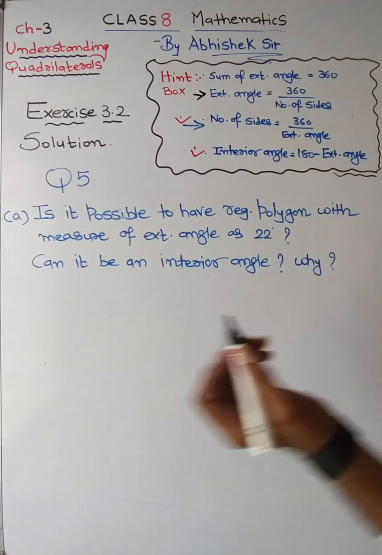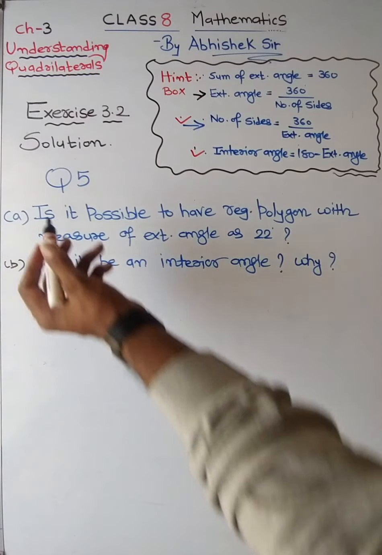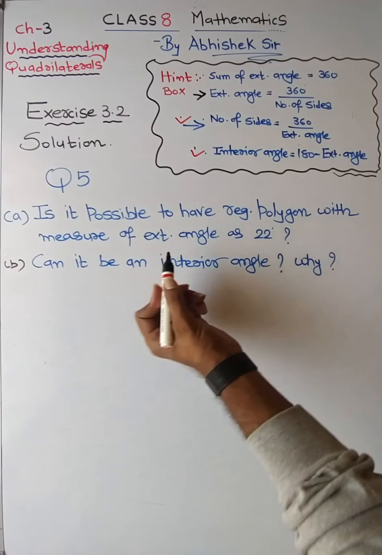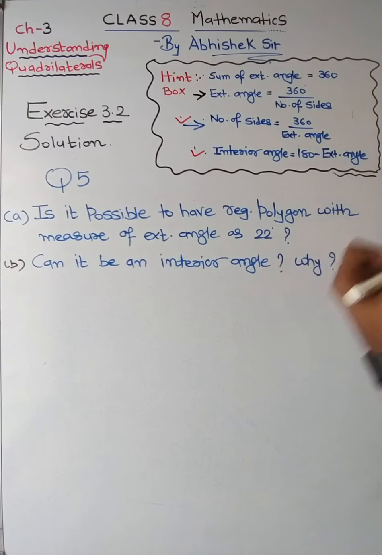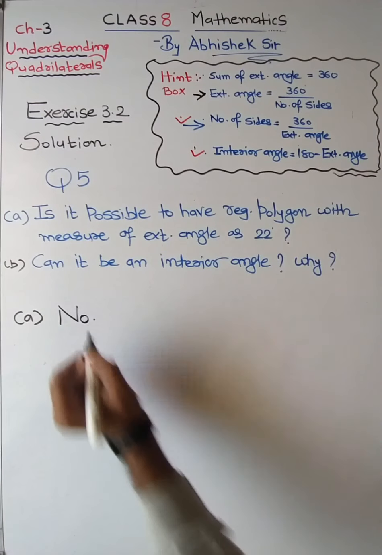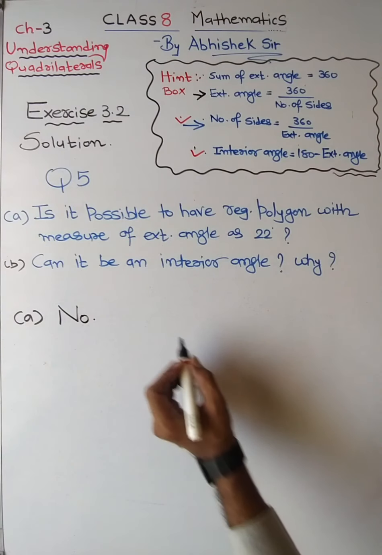We have two questions over here. This is question A and B. Is it possible to have a regular polygon with measure of exterior angle as 22? So the answer of A will be no. Now we don't have to give a reason in the first question, but still I will give you a reason.